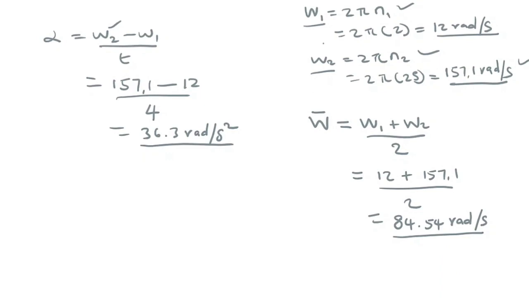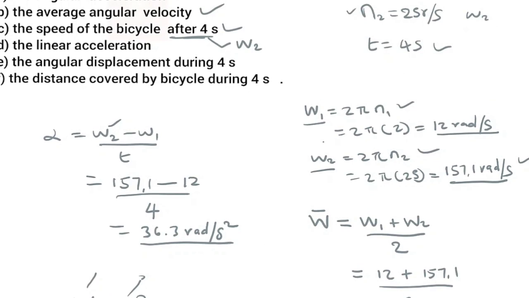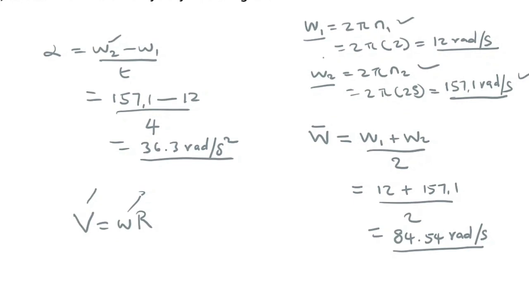So we have to introduce the formula which combines the two properties: v is equal to the angular velocity times the radius. This formula combines the angular part and the linear part, because they are looking for the linear velocity.